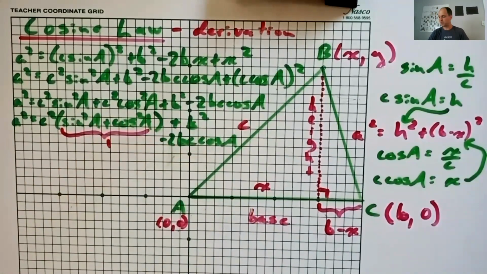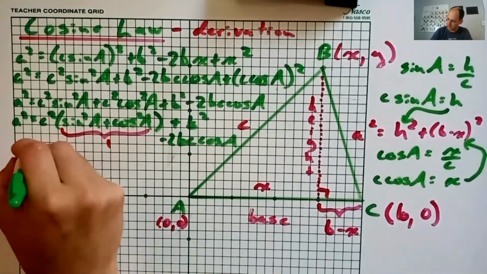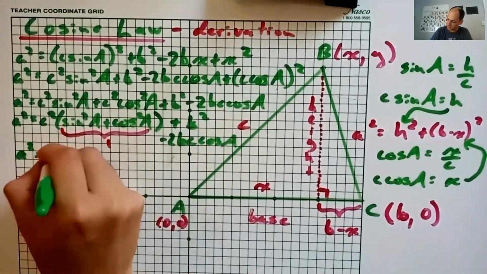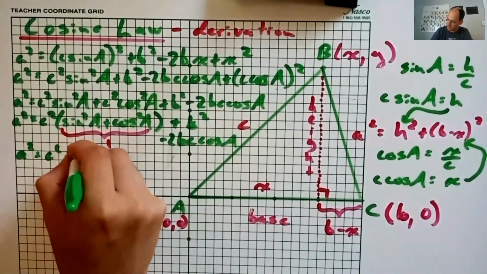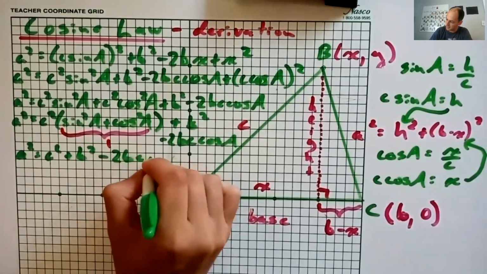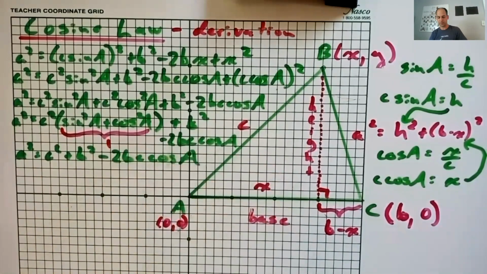So that whole term will simply reduce to c squared, giving us a squared is equal to c squared plus b squared minus 2bc cosine A.